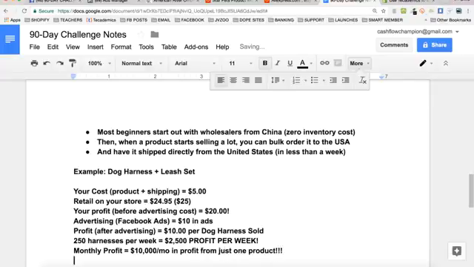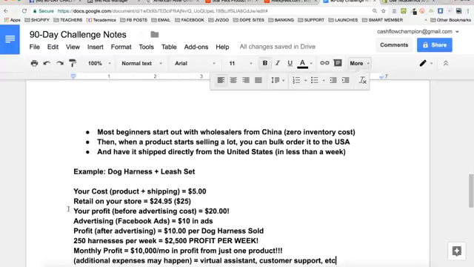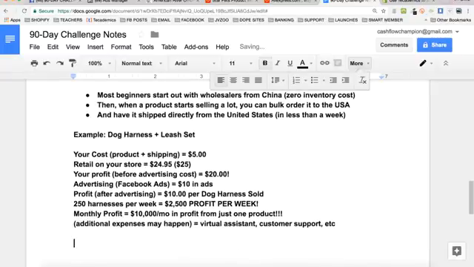Okay, now additional expenses may happen, such as you might have a virtual assistant, you might have somebody that does customer support for you, and so on. So you might have some additional expenses. So maybe even if you paid somebody to run your business, to help with your business, maybe you paid them $2,000 a month out of that, you're still making like $8,000 a month.